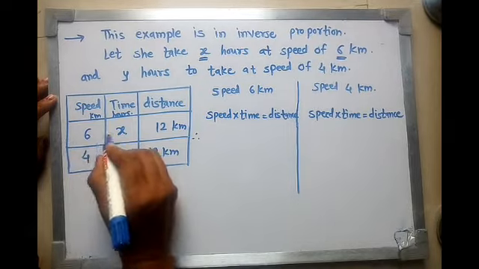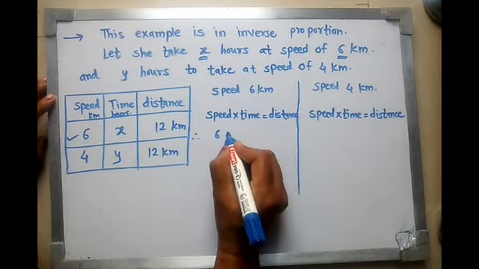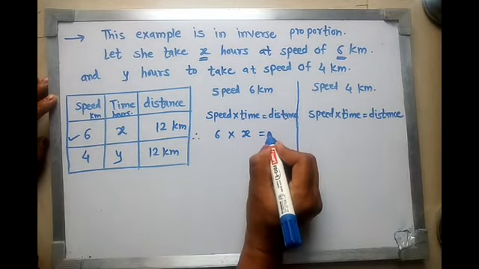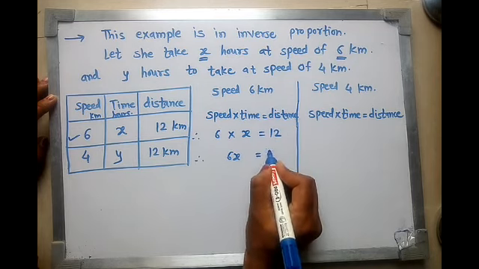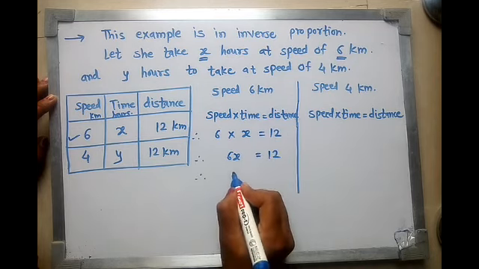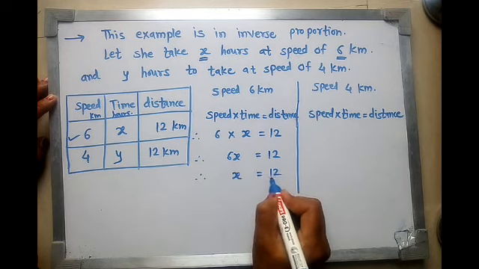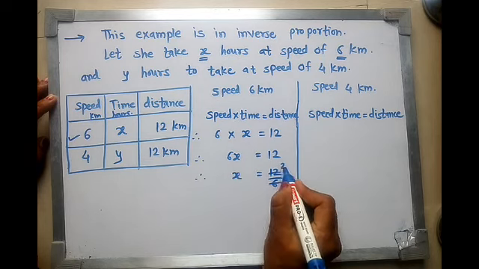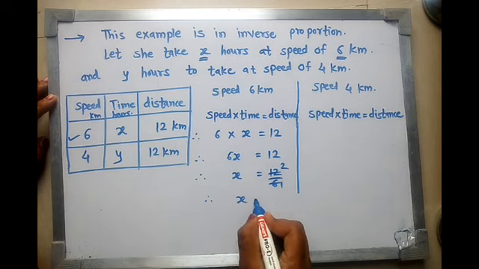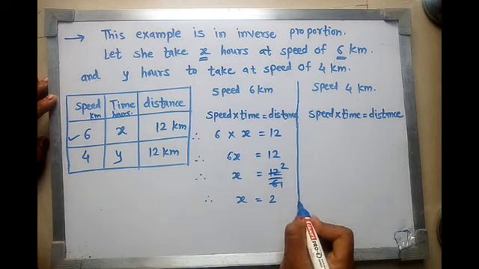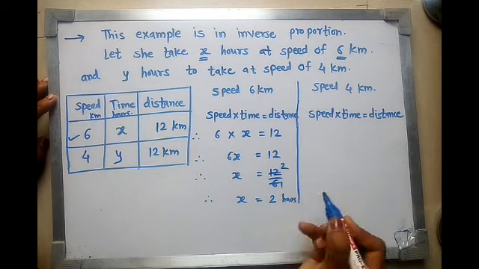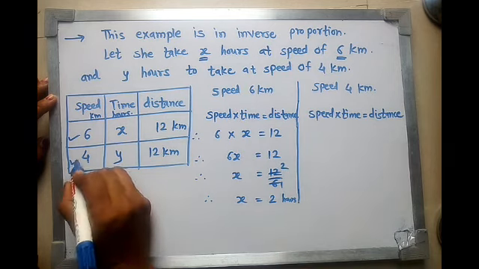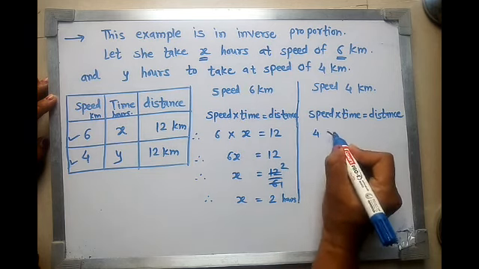So 6 into X is equal to 12. 6X is equal to 12. I take 6 on the right side as divisor. 6 ones are 6, 6 twos are 12. X is equal to 2. When the speed is 6 km, she takes 2 hours.